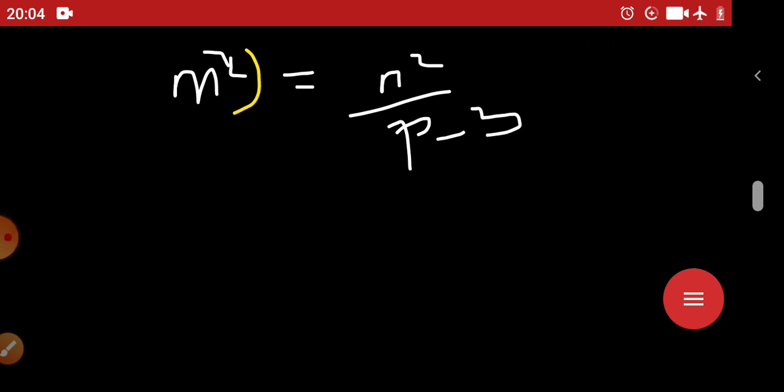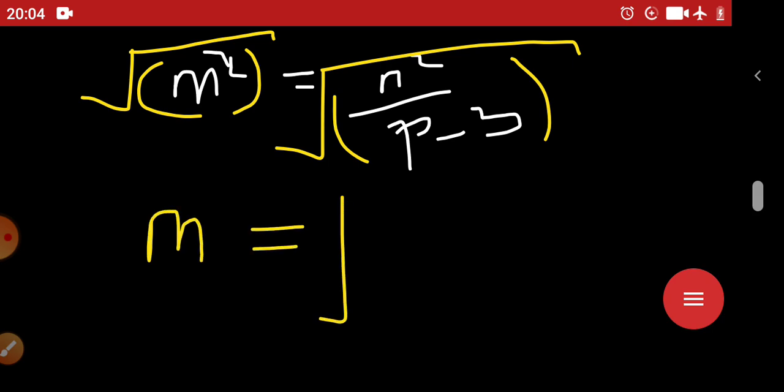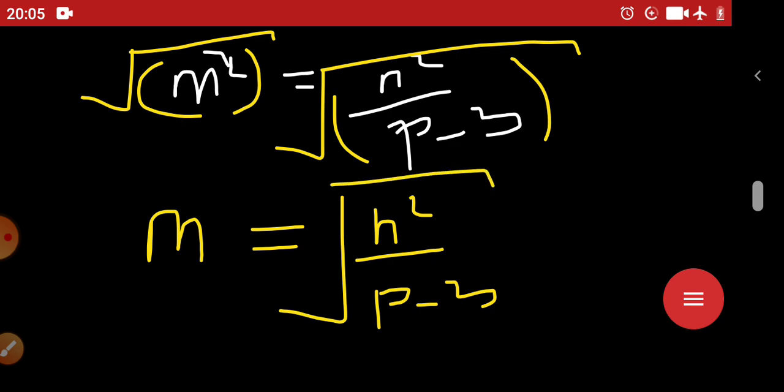To remove the power of 2, we take the square root on both sides. The left hand side will be left with m, and here we'll be left with the square root of n squared divided by p minus 3.